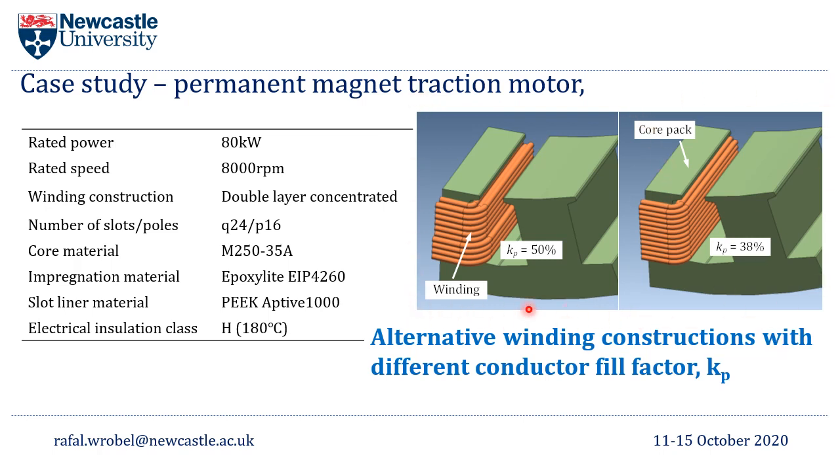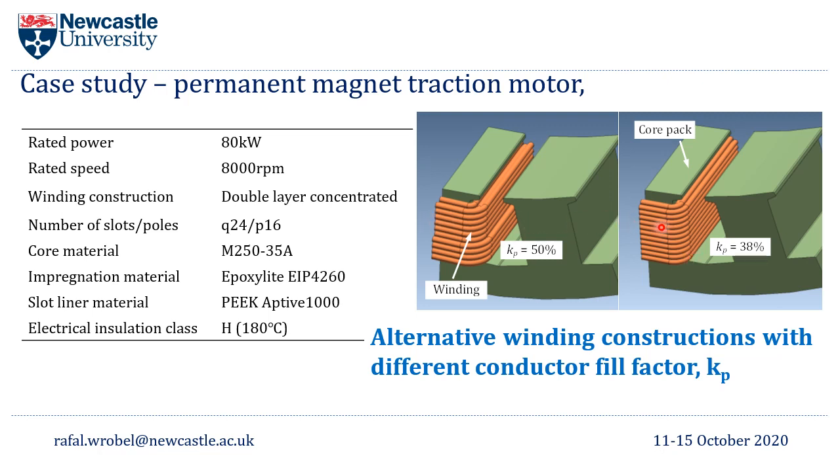The first one, with a good slot utilization and conductor fill factor equal to 50%, is the baseline for the analysis. The second one, with reduced conductor fill factor, is designed to accommodate for heat pipe based heat removal.